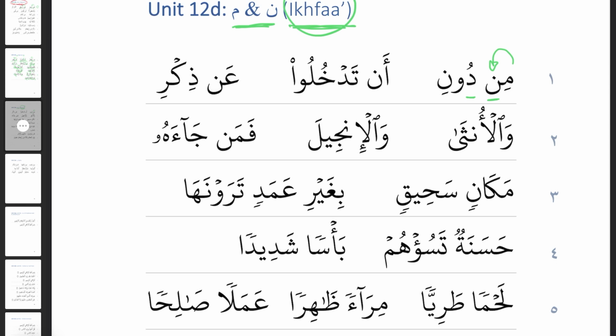Because my tongue is actually going towards pronouncing the letter dal that's coming after it. So my tongue is going towards that letter dal. I'll read the full example, and I'm sure as we go through the examples, this will become clear. So I have min duni. Let's move on.